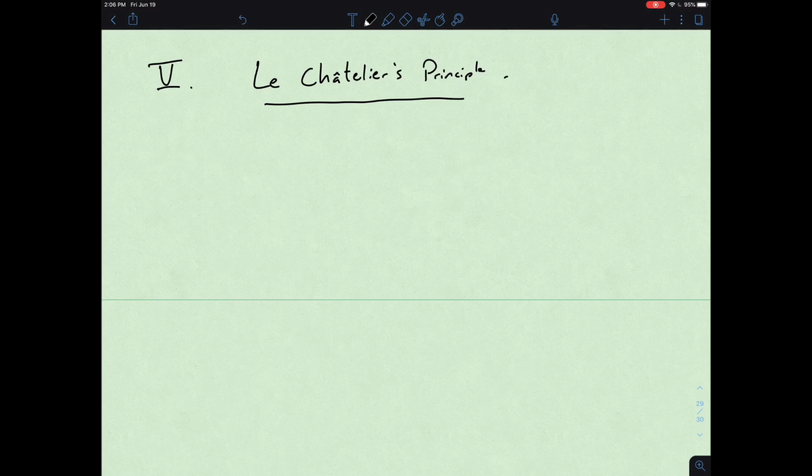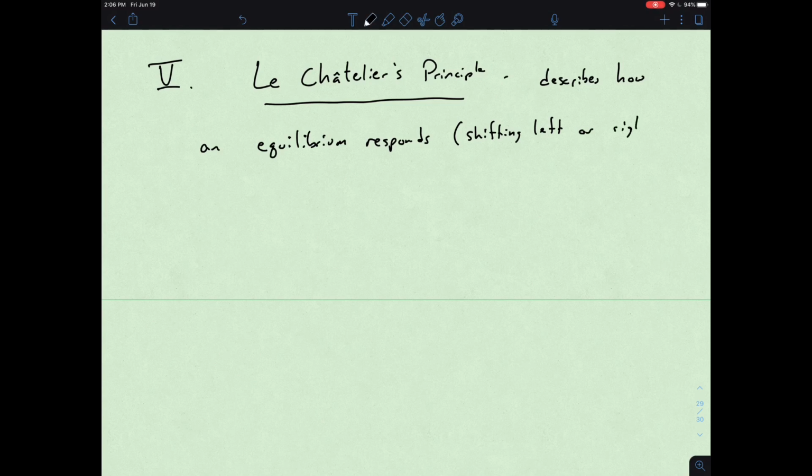And Le Chatelier's principle basically describes how an equilibrium responds, in this case shifting left or right, towards starting materials or towards products.